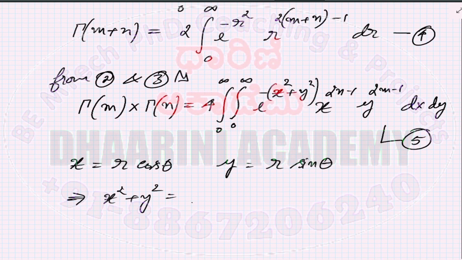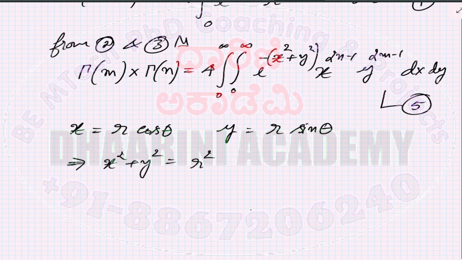Cos square plus sin square is 1, so you get r square. This is actually a standard procedure in integration. If you remember the basics of integration, this is what we call changing the xy coordinates into r theta, polar coordinates.